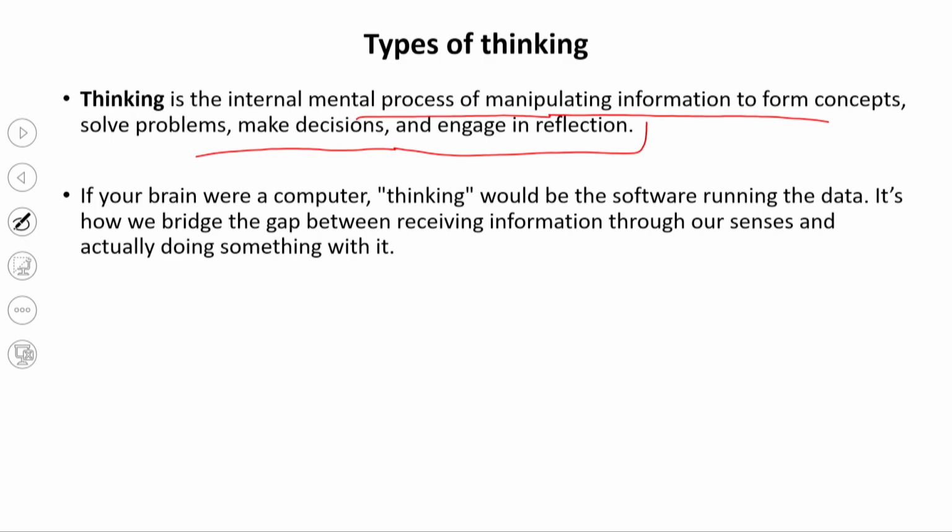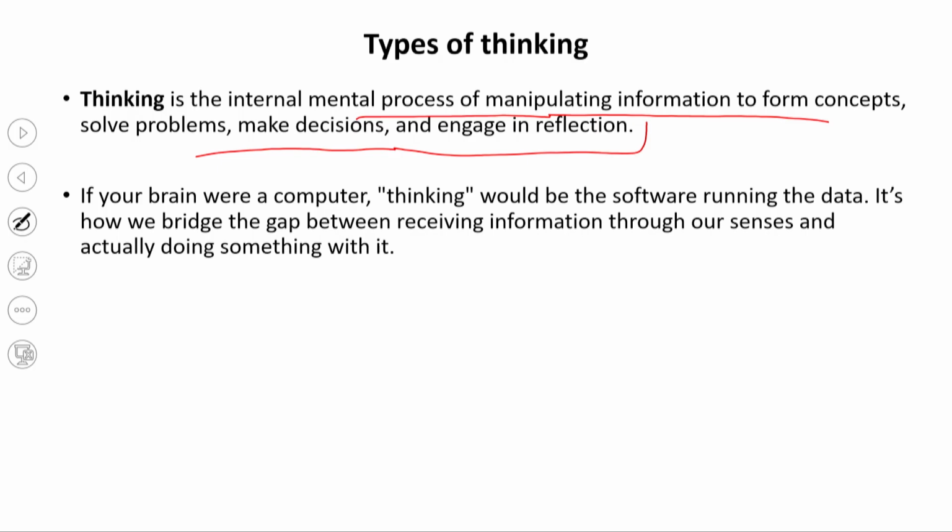These are the contents of thinking. Using those contents, we form further concepts, solve problems, make decisions in our life, and reflect on things. Everything around thinking happens because we manipulate those contents of images as well as concepts or words and so on.